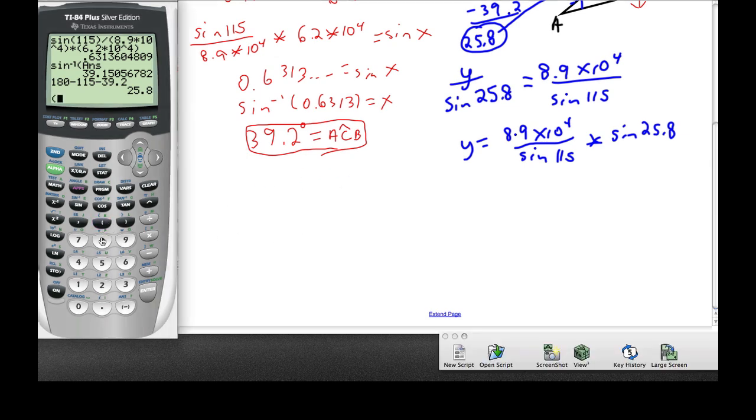Remember, put the top in brackets, 8.9 times 10 to the 4, divided by sine 115, times sine 25.8.